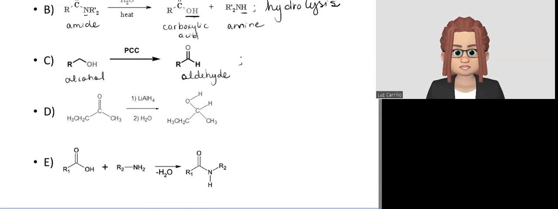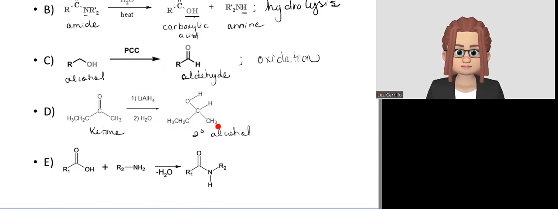Let's move to letter D. On letter D, we start with a ketone. That ketone forms a secondary alcohol. You know that it is secondary because the carbon that is bonded to the OH is bonded to two carbon chains. So this is called a reduction reaction.